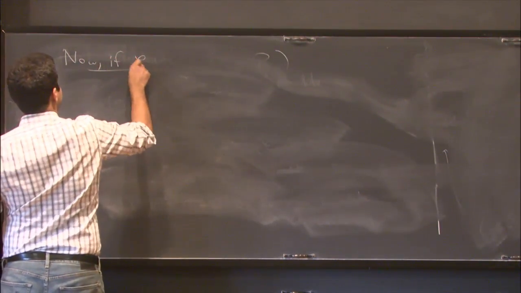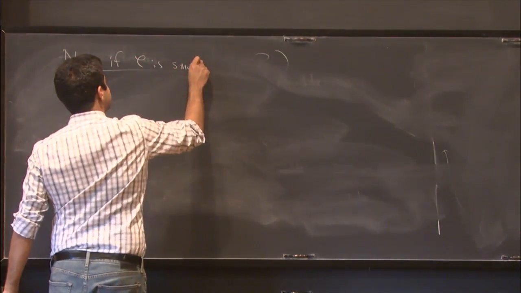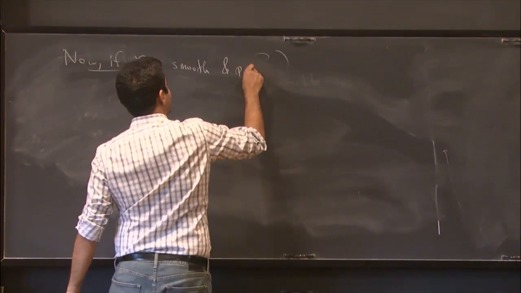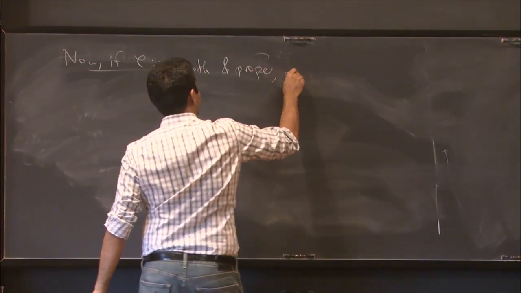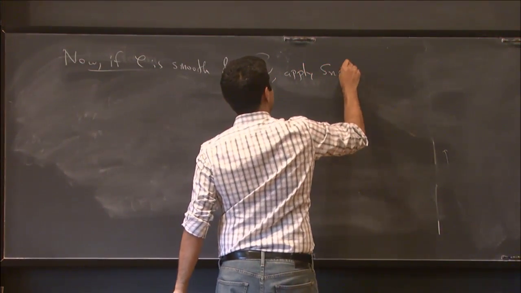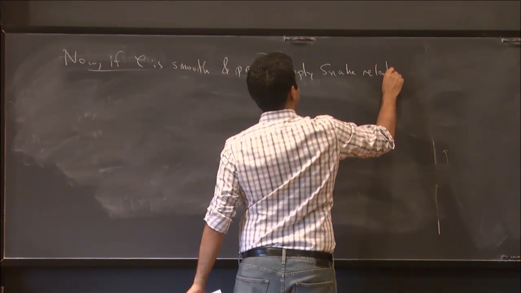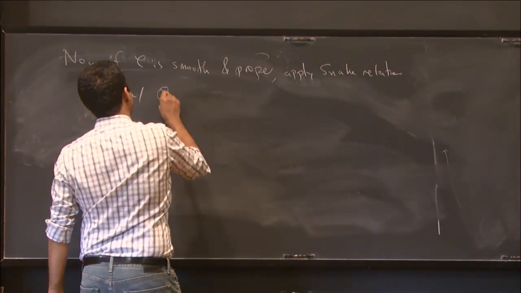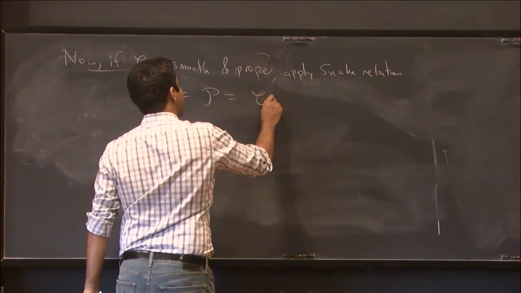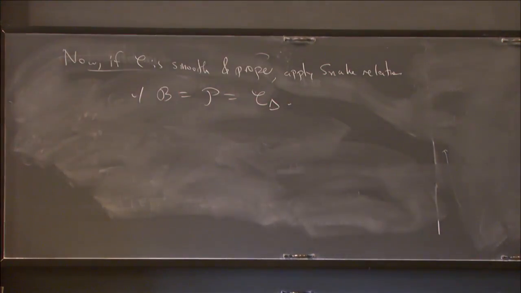Now, if C is smooth and proper, apply the snake relation with B equals P equals the diagonal bimodule. Okay.